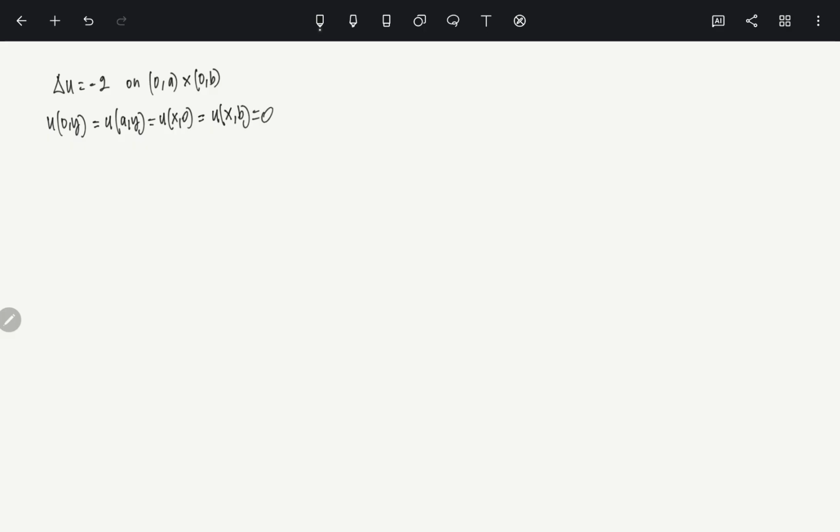So essentially on all the sides of the rectangle we are taking u to be 0, but the Laplacian of u is going to be minus 2. That's what our assumption is. Clear? Okay, so this is an example.